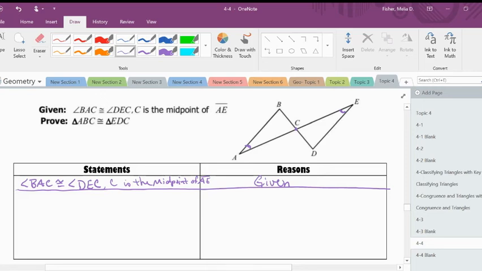Start by filling in the given and marking the information that you know on your picture. From the information given, with C being the midpoint of AE, I know that AE is cut into two equal pieces. So I can say that AC is congruent to EC, and that is the definition of a midpoint.